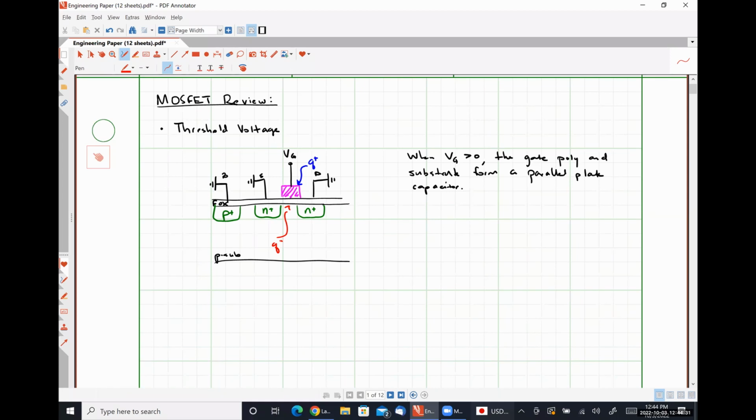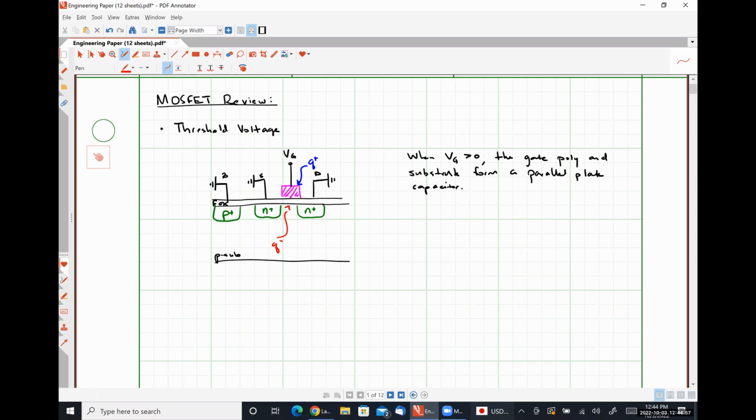So from the body terminal to some extent, sure. In this case, we have a P-type substrate, which means our body is electrically neutral, but it has more holes than electrons. So when VG is small, we are going to be able to pull those minority carrier electrons into that space.